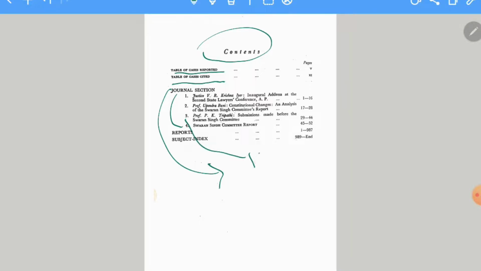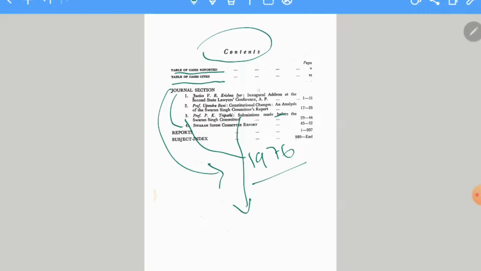Moving further, you will find the contents, and in the contents you will find the table of cases cited, the table of cases reported, and then also a general section where you can find some articles. For example, in the year 1976, there is one article written by Professor P.K. Tripathi, on the submission made before the Swaran Singh Committee. So you can find some scholarly writing as well.